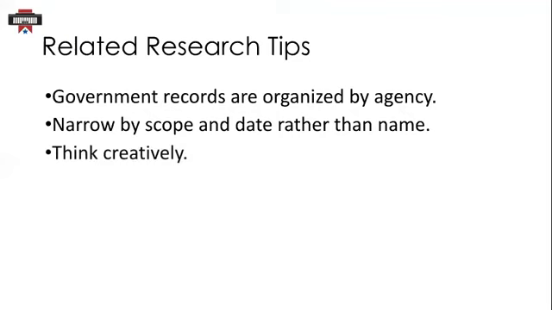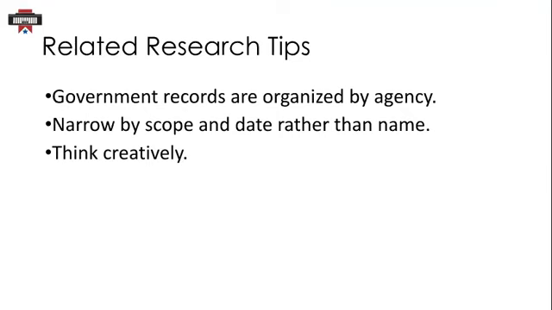Think creatively. Oftentimes, you will need to reframe your research in different ways to cross out the most possibilities. For example, if you're researching a government agency that was involved in a court case, in addition to requesting the agency's records, court records are a possibility.